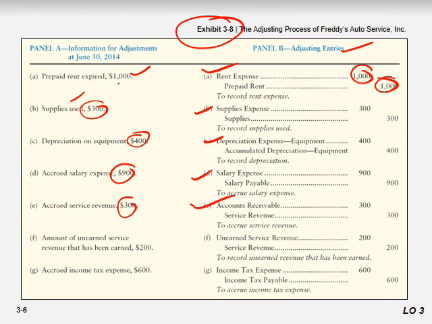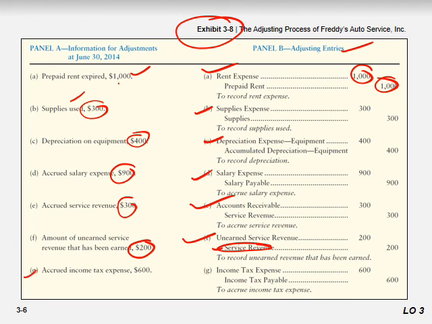Amount of unearned service revenue that has been earned 200, which means part of the unearned revenue 200 is earned. So we reduce the liability, unearned service revenue to service revenue, because we now recognize the service revenue.